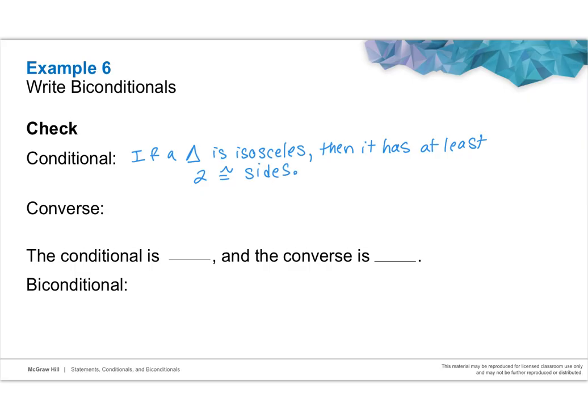The converse would turn that around: if a triangle has at least two congruent sides, then it is an isosceles triangle.